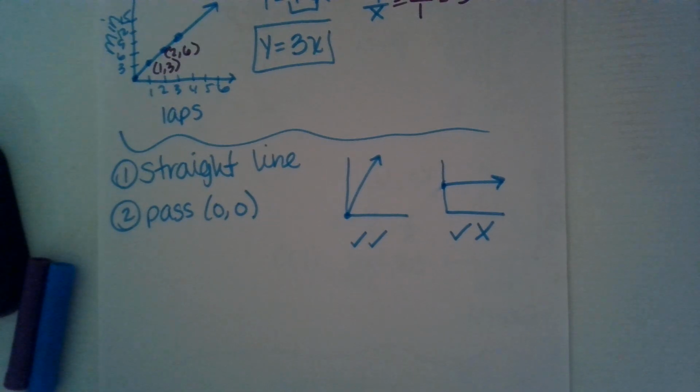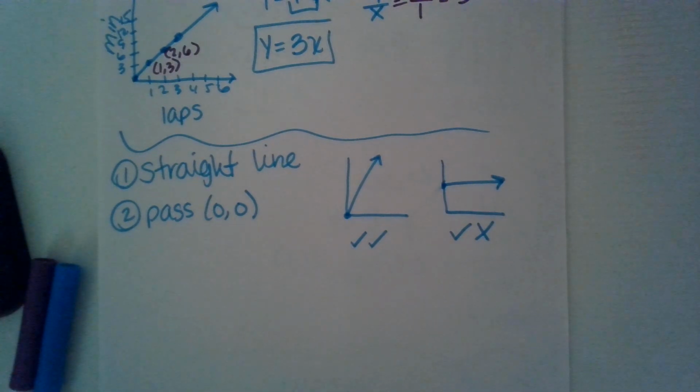Okay. I'm going to try to go through some of your questions. Some of you are saying tables. Some of you are talking about comparing. And some of you talk about unit rate.